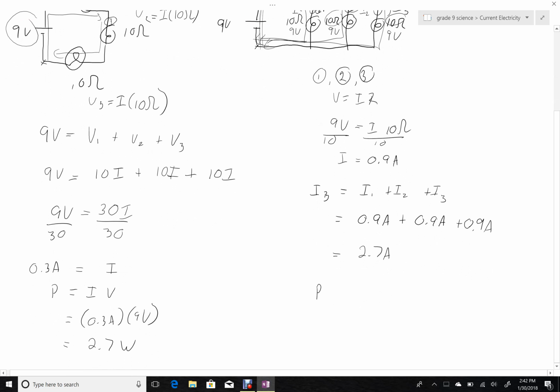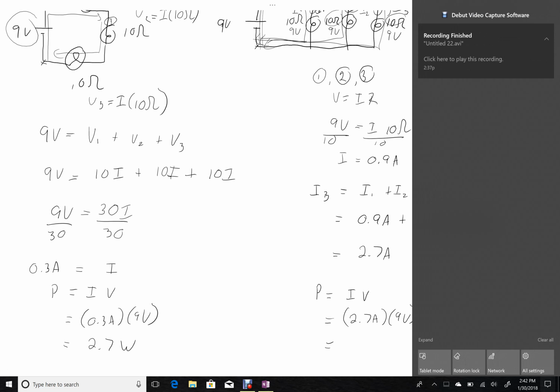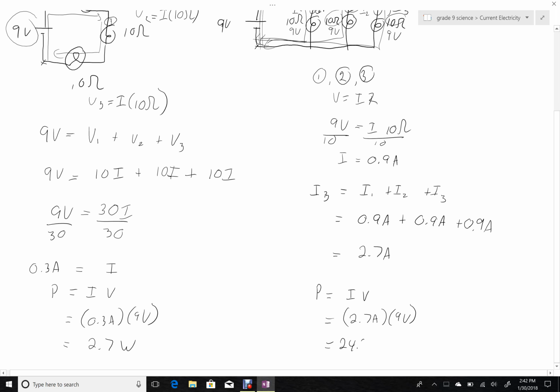Again, looking at the power coming out of the battery then, using its current and its voltage, it's supplying 2.7 amperes at 9 volts, to get a total power of 24.3 watts. Obviously, quite a difference here. The power associated with the parallel circuit is much greater.